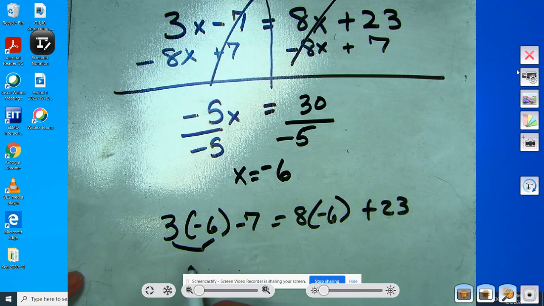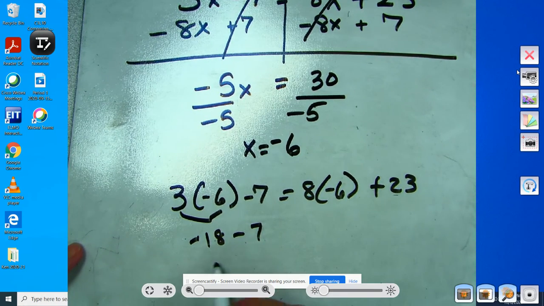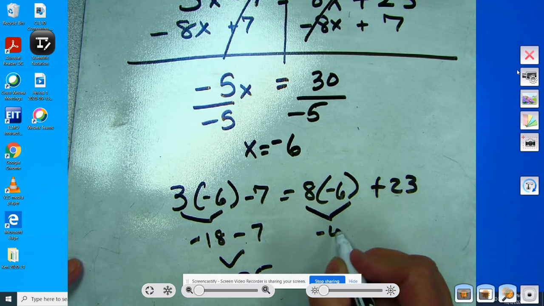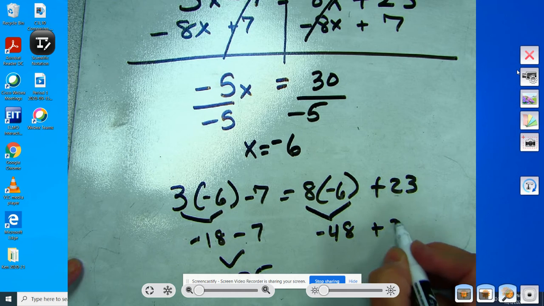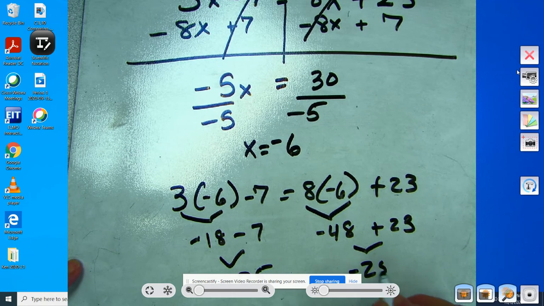So this is going to be -18 and -7 for a total of -25. This is going to be -48 plus 23, and this equals -25. My right side equals my left side. My answer is correct.